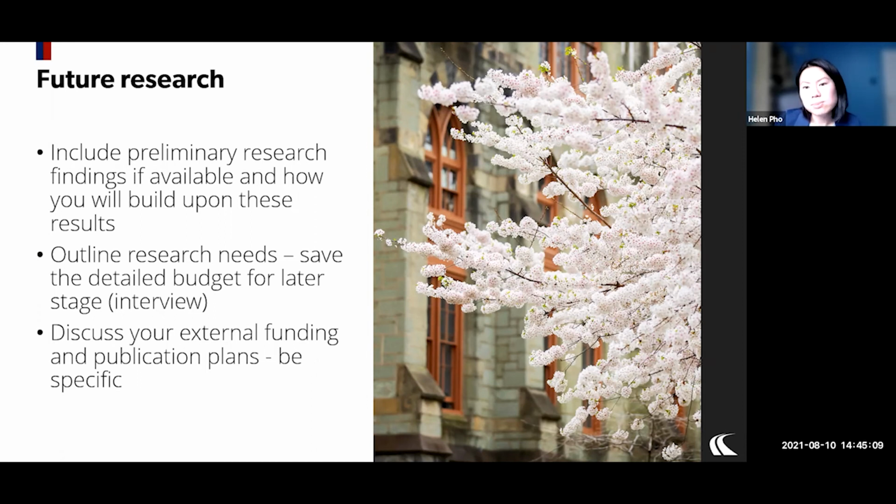If you have publication plans, I'm thinking more along the lines of the humanities, for example, if you are thinking about having some of your work in a series within a university press, all of that is really helpful for the search committee because it shows them that you've thought through where your research is going to be published and where it is going to be funded, right? So being as specific as possible is going to help your case in presenting a really compelling research agenda.